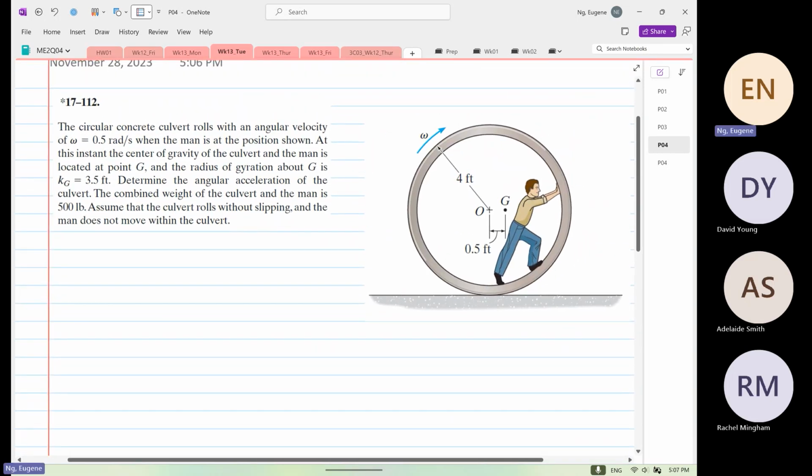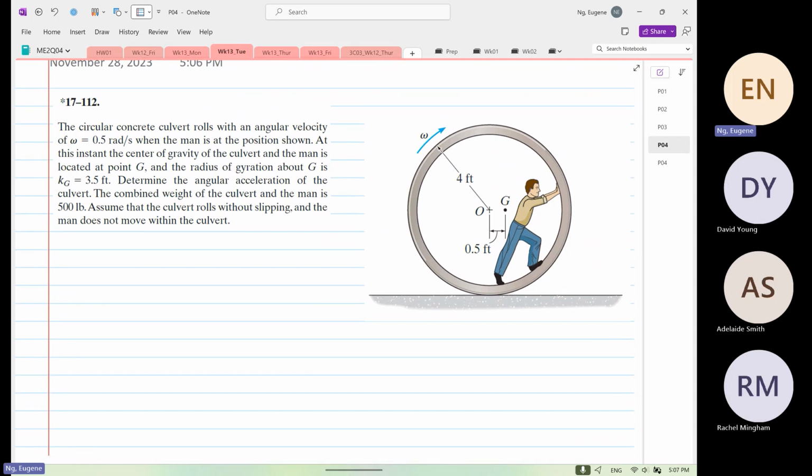A circular concrete culvert rolls with an angular velocity of omega equal to 0.5 radians per second when the man is at the position shown. At this instant, the center of gravity of the culvert and the man is located at point G. Okay, so point G is the CG of the entire system.